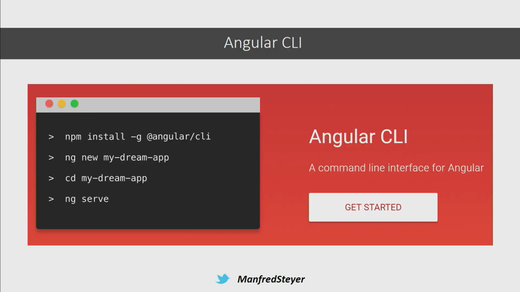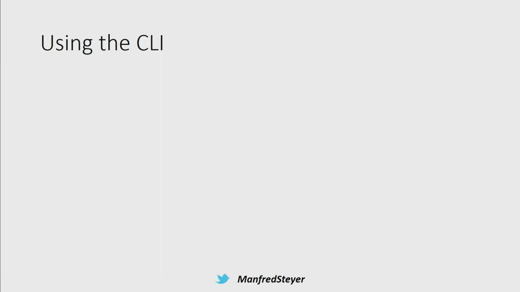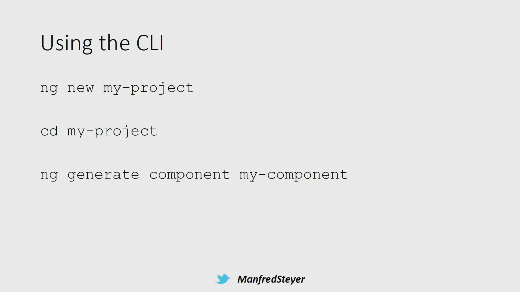But we are lucky. We have the Angular CLI, and the Angular CLI is doing this for us. To use the Angular CLI, as you might know, you just have to call ng new. ng new is creating a new project, and then you can use ng generate to create new components, to create new services, to create new models, and so on.